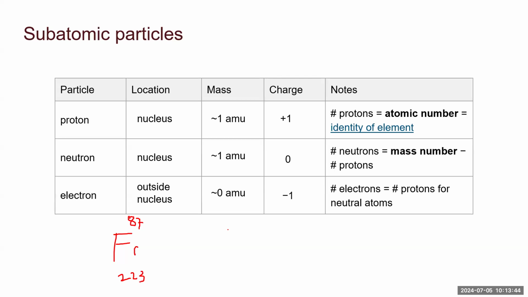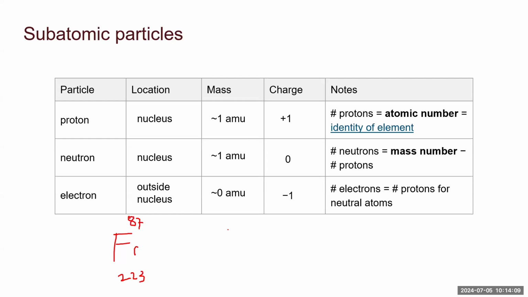What those numbers also tell us is that we can deduce the number of neutrons that one single atom of francium has. And we can deduce that by saying the number of neutrons in the nucleus of francium is our mass number, in this case 223, minus our number of protons, 87.